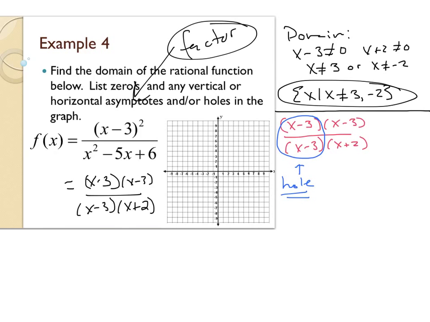This guy right here does not have a common factor. So this guy is not a hole, it's a vertical asymptote. So the hole occurs when x is equal to 3, and the vertical asymptote occurs when x is equal to -2.